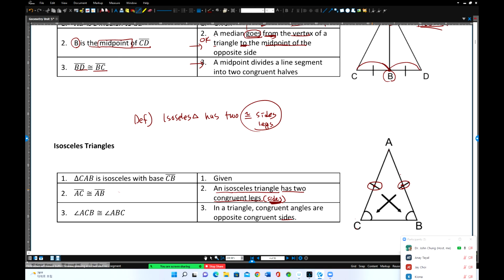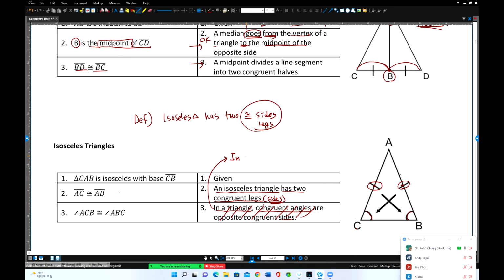Now you can say these two angles are congruent. Because what? You can say angle ACB and angle ABC are congruent. The reason is what? In a triangle, the angles opposite congruent sides are congruent. I'm going to write one more.